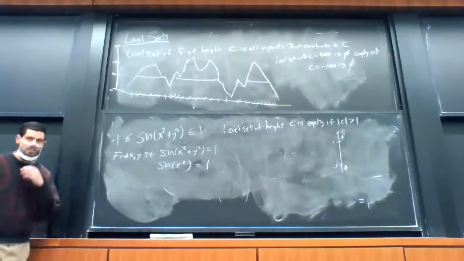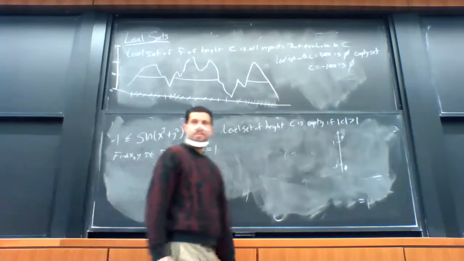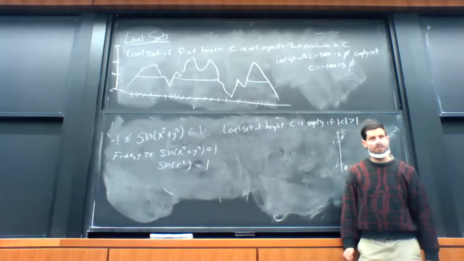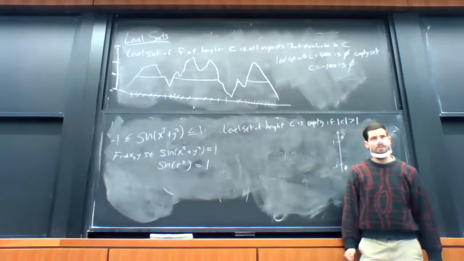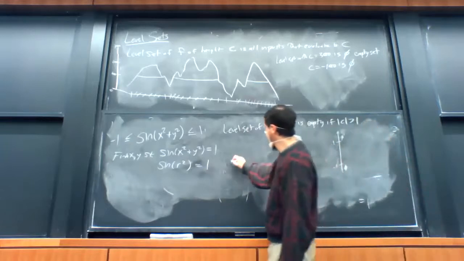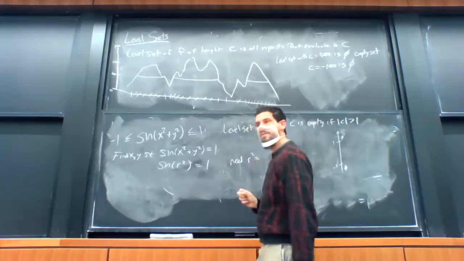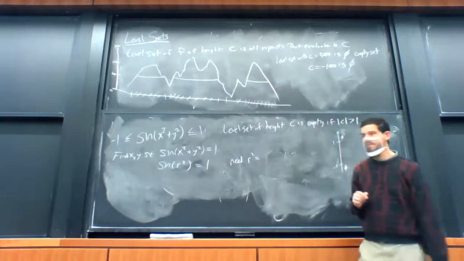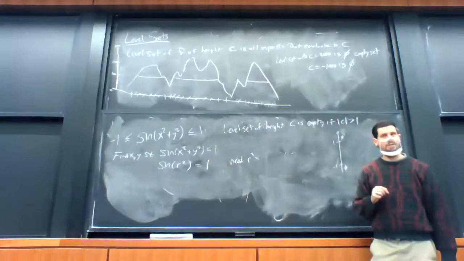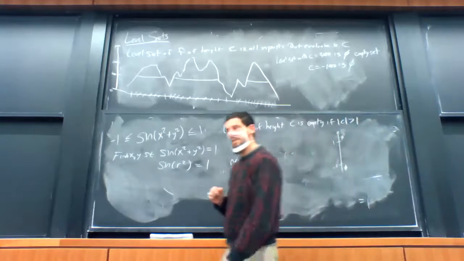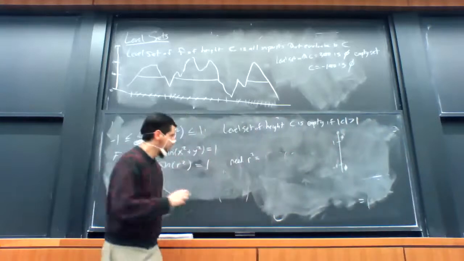We need the sine of r squared to be 1. When is the sine of r squared equal to 1? So we need r squared equals, what's the first time sine takes on the value of 1? Pi over 2.